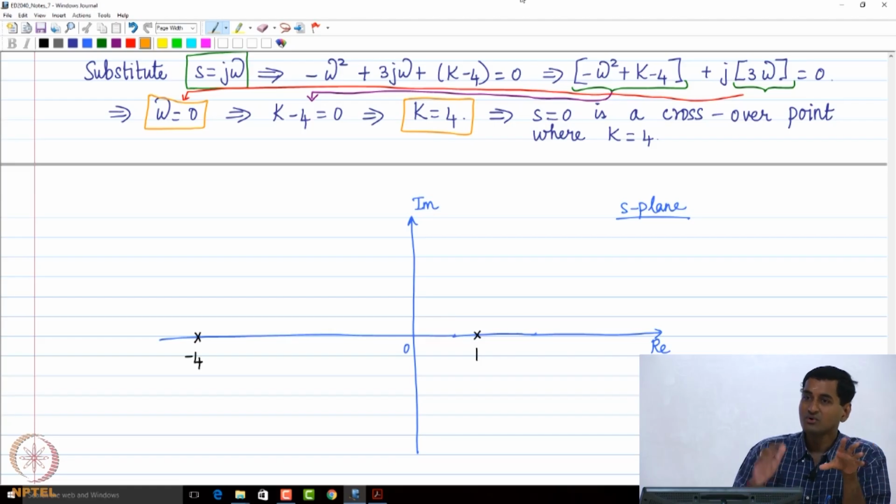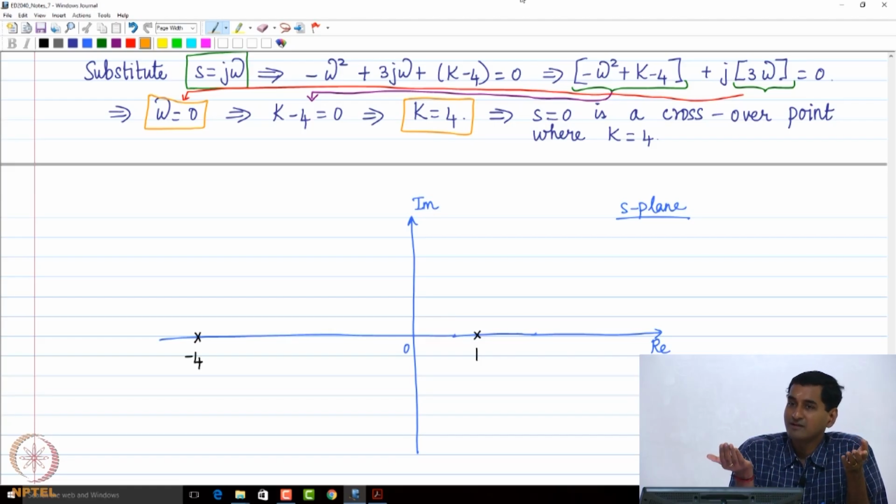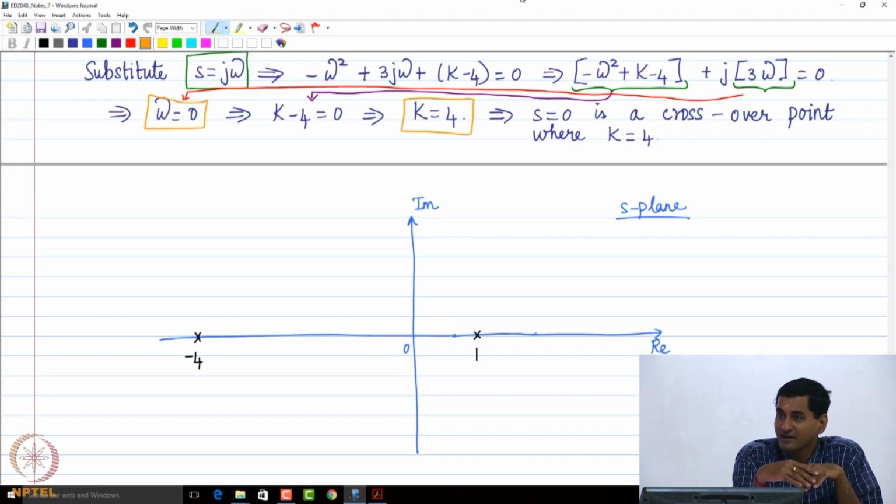So a crossover point represents when the root locus may transition from the right half plane to the left half plane, which is going from unstable to stable regions, or vice versa. So I know which ranges of k to choose and which not to choose for closed loop stability. Is it clear?